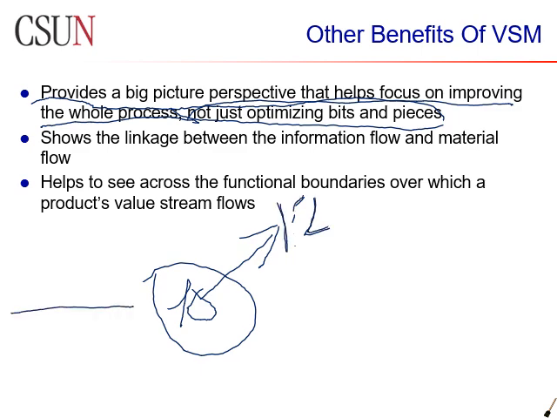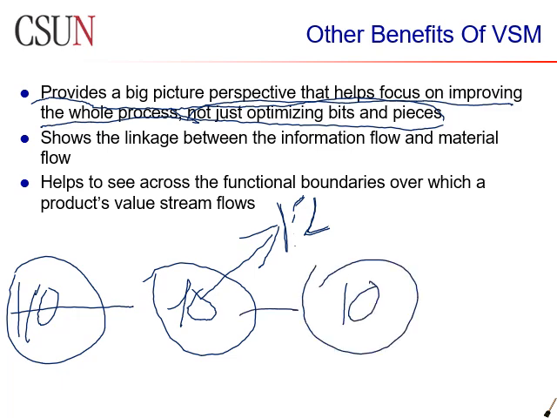While the supply chain produces 10 at the first member and 10 at the second and the third member. So whenever you improve this one, the entire supply chain doesn't get any benefit from this optimization. So this is called the local optimization.